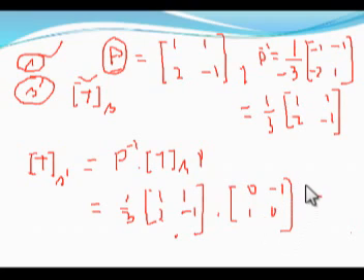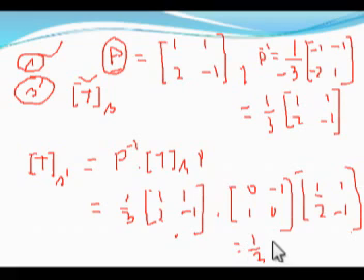And at last the model matrix is the matrix 1, 1, 2, minus 1. If we solve this, we will find the result. I am just writing the result.